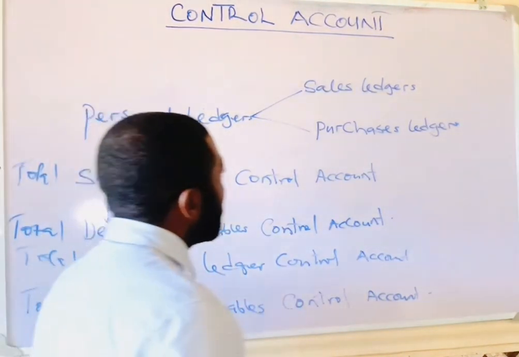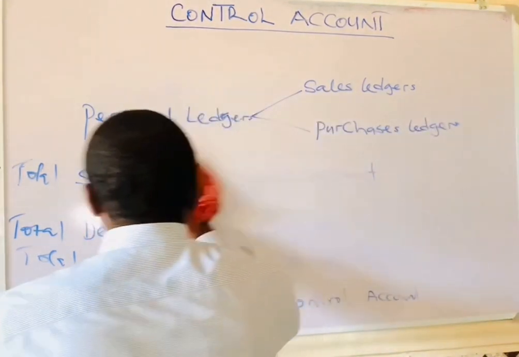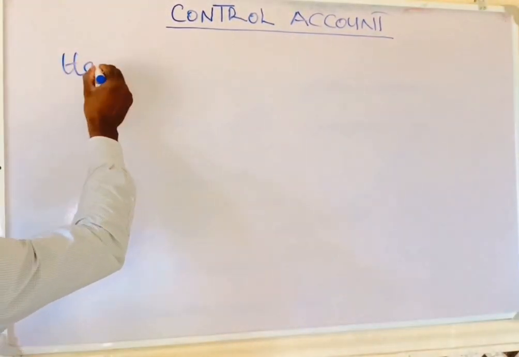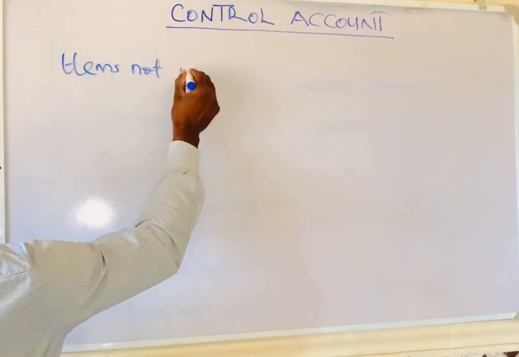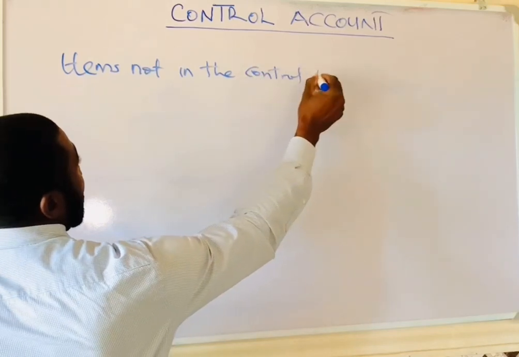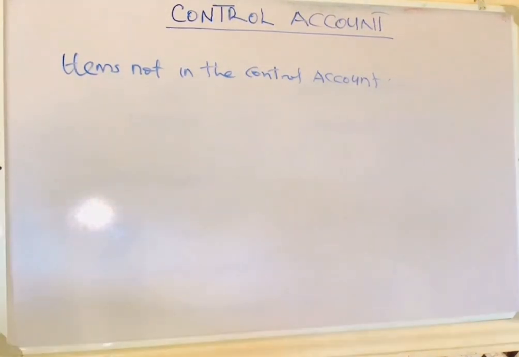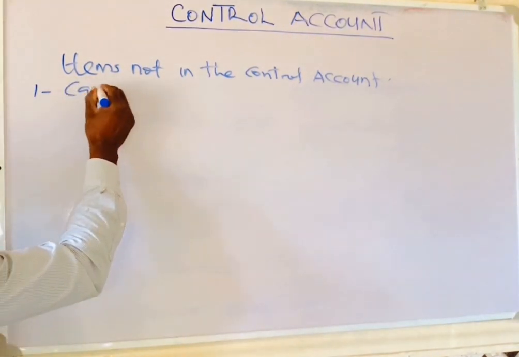So the next step is items not in the control account. A cash payment or check payment, when you buy or you sell, is not going to be recorded in your control account. Nor are other estimation items like provisions. So one, cash paid.